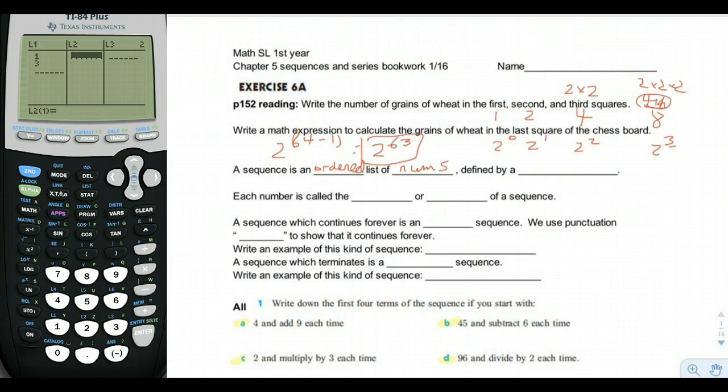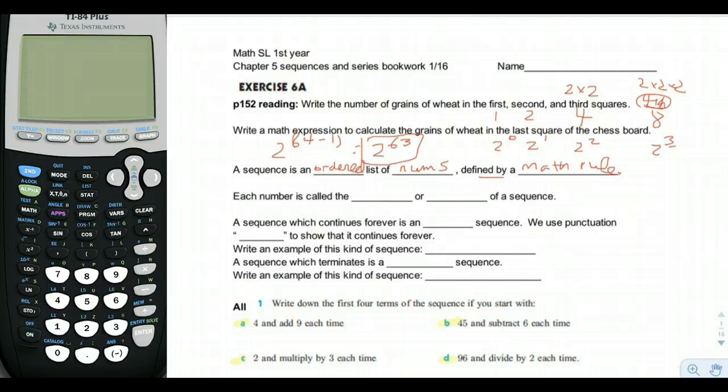It's in a specific order, usually increasing or decreasing, depending on the rule. And that's getting to this here, defined by a math rule. If you look in the book on page 152, that's their definition of a sequence: an ordered list of numbers defined by a math rule.